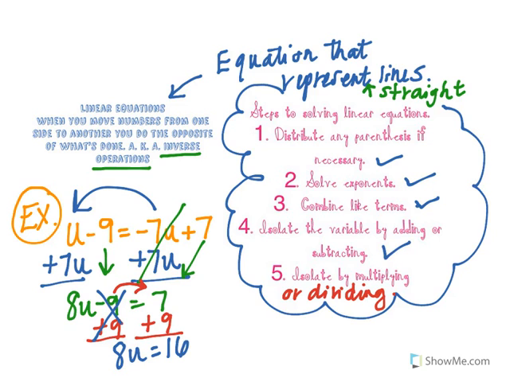And so I'm finished isolating the variables by adding or subtracting. Now I have to isolate the variables by multiplying or dividing. Since 8 is being multiplied to u, I'm going to do the opposite, which is to divide by 8 instead of multiplying by 8. So u would equal 2. And that would be my answer.